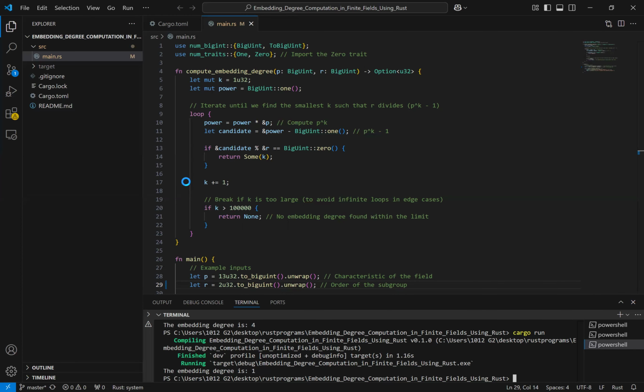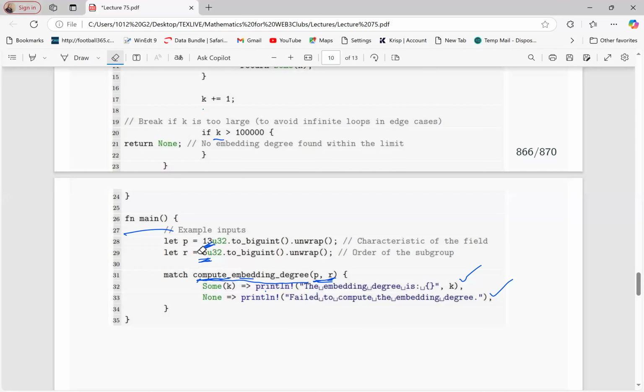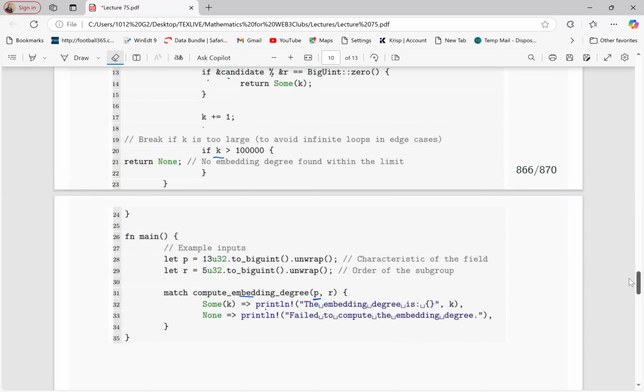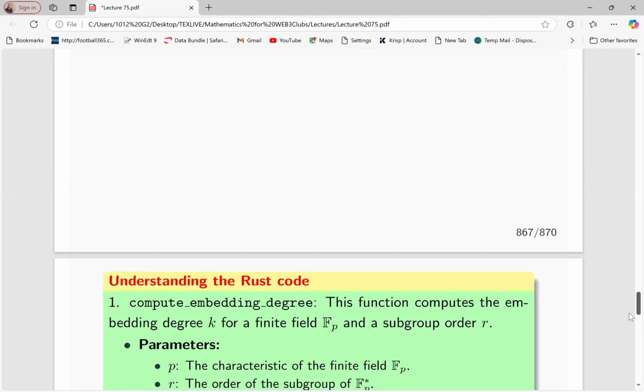Now, a very important point I mentioned about the elliptic curve used in Bitcoin: although it has a very huge prime, its embedding degree is just about 70. So you cannot have an embedding degree going very huge, around 100,000 and above.